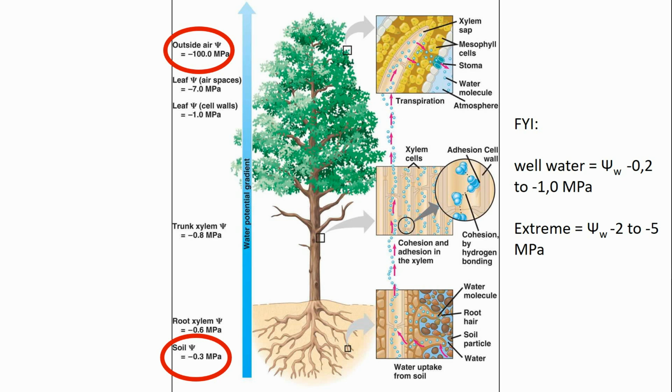You need to know this. You need to be able to tell me how the water moves from the bottom to the top. You need to be able to say there are three theories: positive root pressure, cohesion-tension theory, and transpirational pull theory. You need to be able to mention those three off the bat.